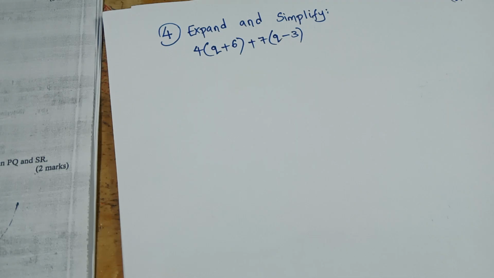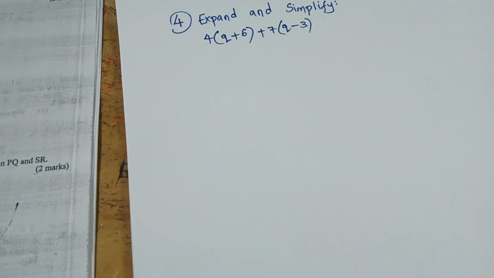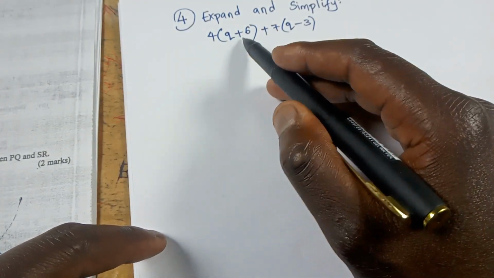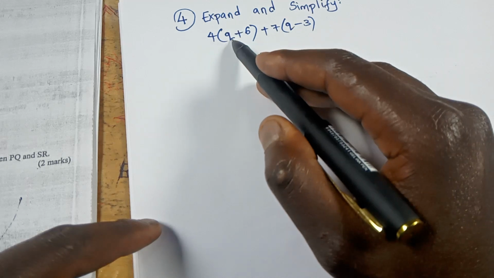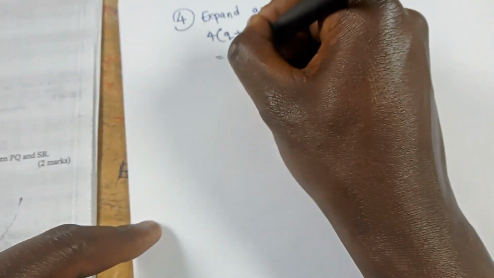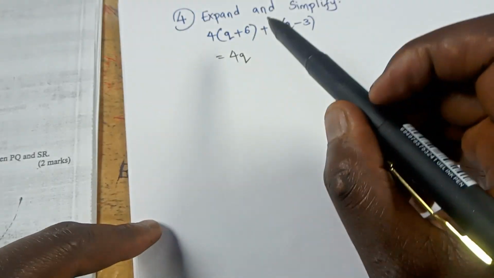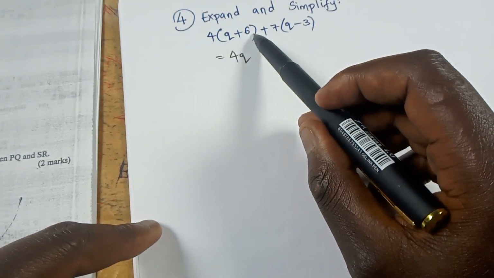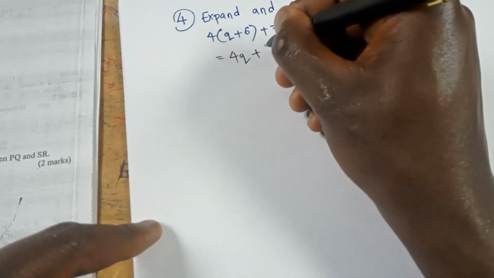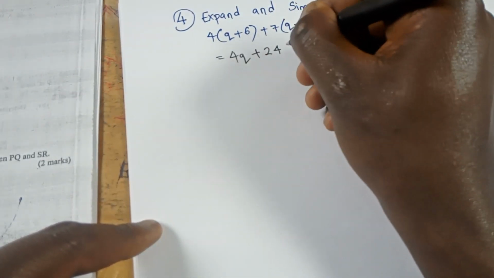So for us to expand simply means opening the brackets. So we are going to open the brackets so that we can expand. 4 multiplied by q will give us 4q. Then 4 multiplied by 6 will give us 24, so it will be plus 24.